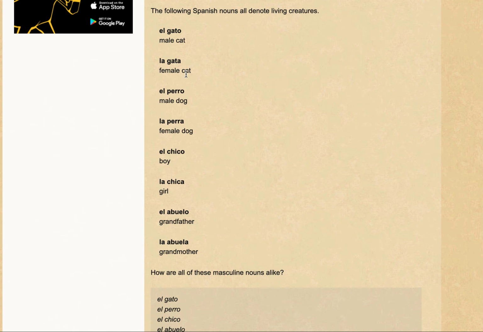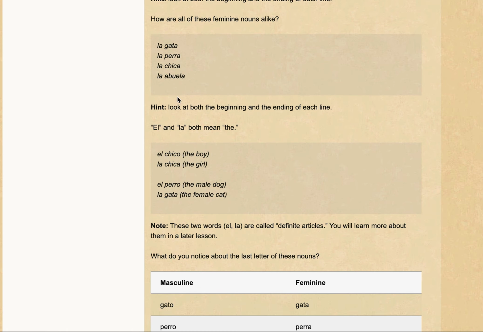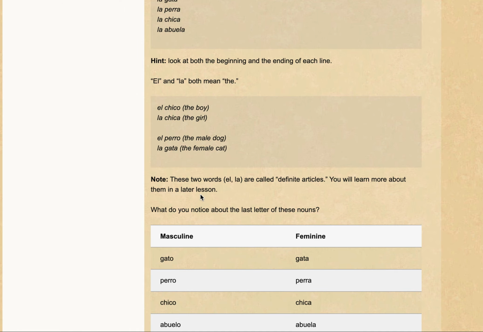So el gato is male cat, la gata is female cat. So these two words, el and la, are called definite articles. You will learn more about them in a later lesson.